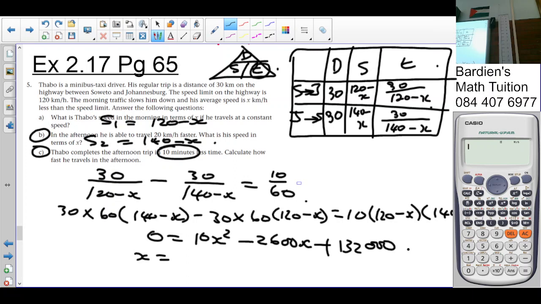X is equal to 69,172 kilometers per hour slower, that is your reduced speed, or a value of 190,83.